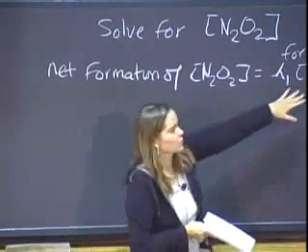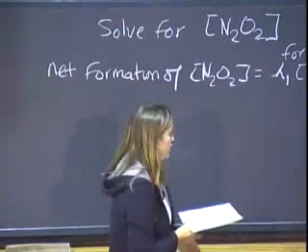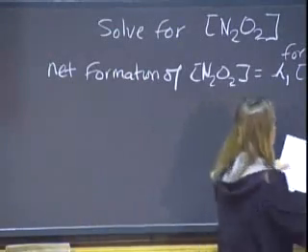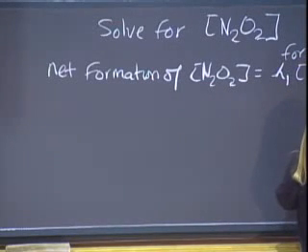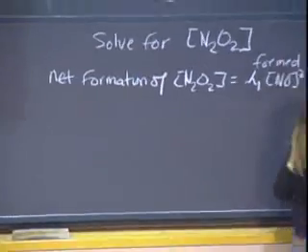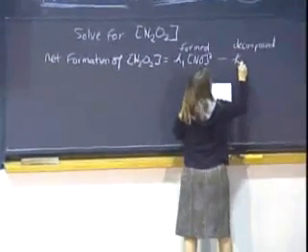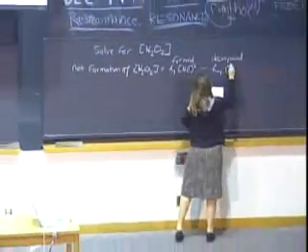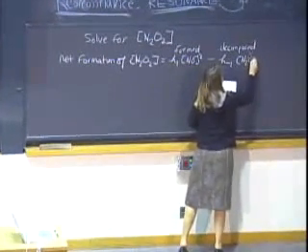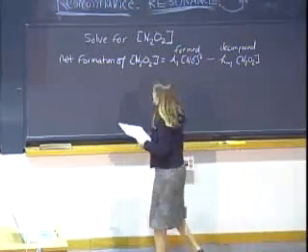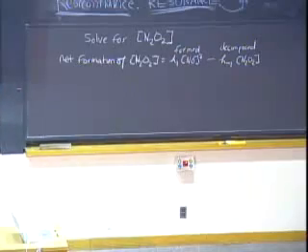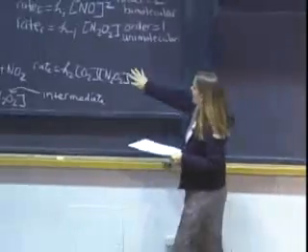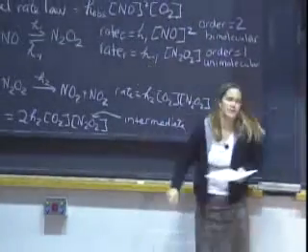So that's just the rate law for the forward direction of the first step. It's also being decomposed in the first step in the reverse direction. So it's being decomposed with the rate of K minus 1 times the concentration of the intermediate. So that's just our rate law for this reverse step of the first reaction.